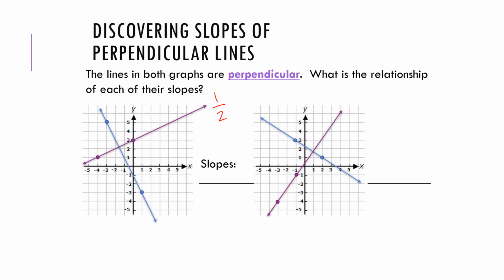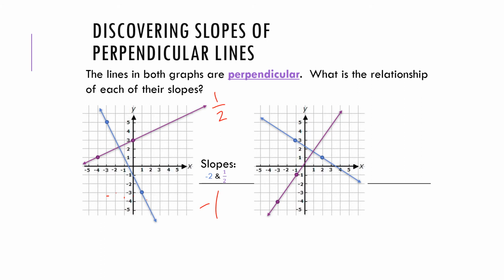The other one is a negative slope, and I'm going down 1, 2, 3, 4, 5, 6, 7, 8, over 1, 2, 3, 4. So 8 over 4 would be a -2. So the slopes are -2 and 1/2. If we were to multiply those two together, we would get -1, which means that those two lines are perpendicular.